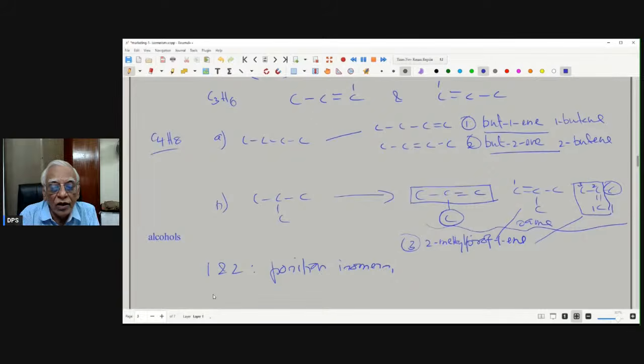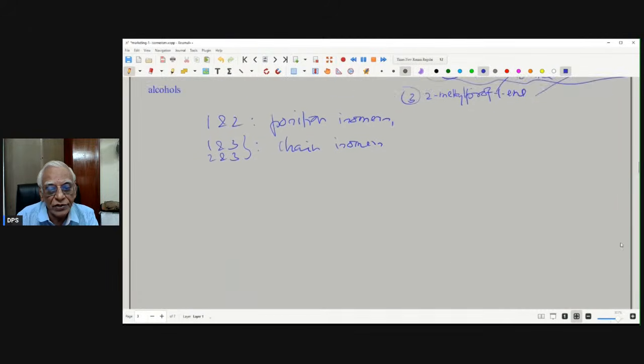Whereas 1 and 3 and 2 and 3 are referred to as chain isomers, because they have got different carbon chains. The moment you have got different carbon chains, they should be referred to as chain isomerism. Is that clear to you?